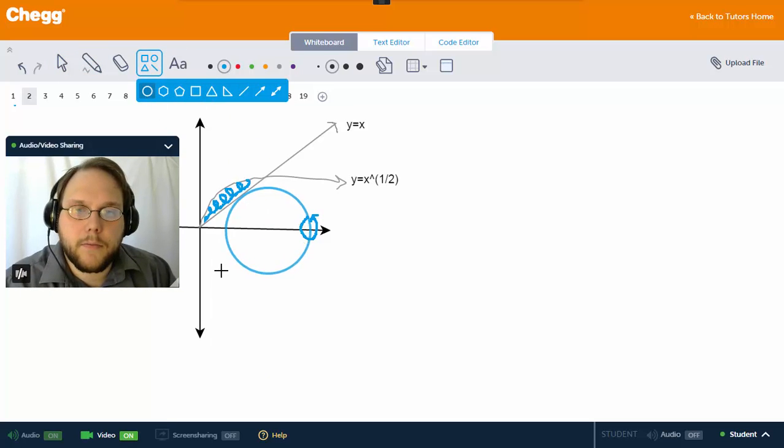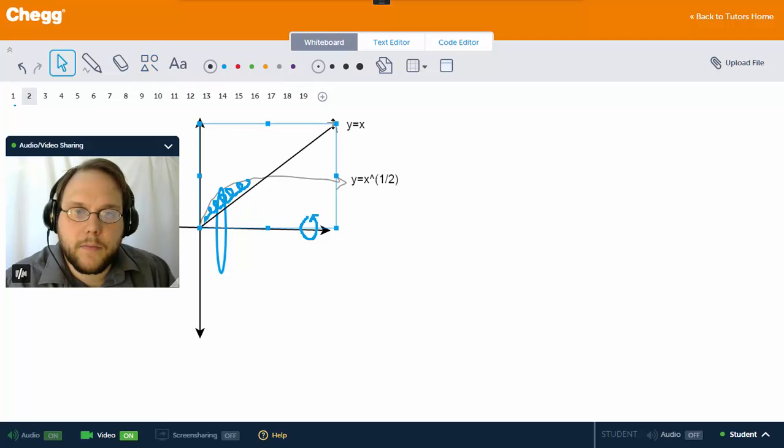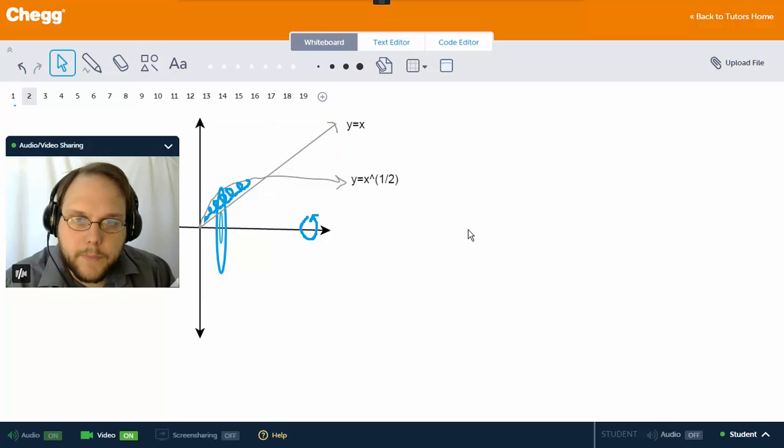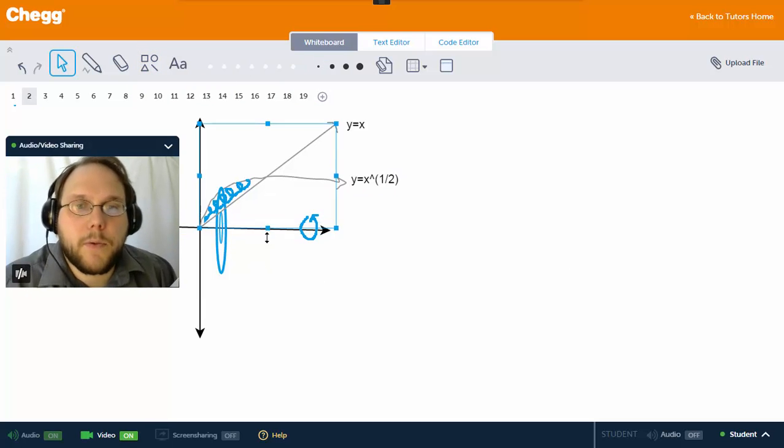We get discs that look like this, except there's also a small hole in the middle of them.